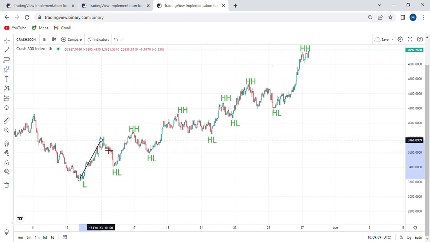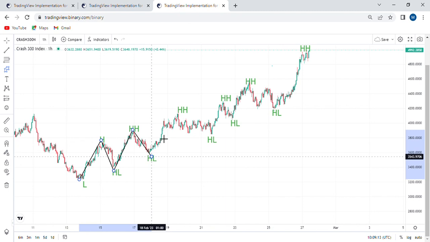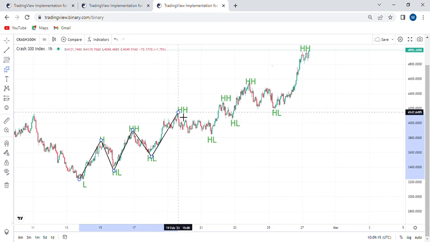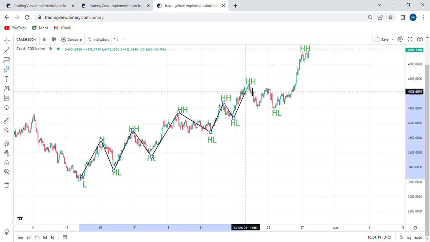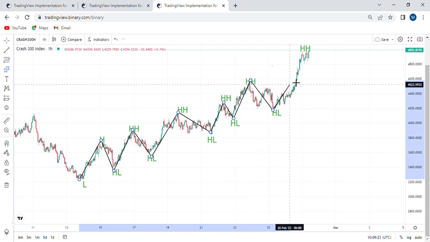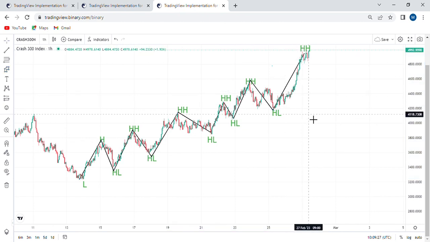This is a higher low, a higher high, a higher low. This is what I do just to make it clean for myself. So you can see now this is my higher low, this is a new higher high. So this is it about market structure.